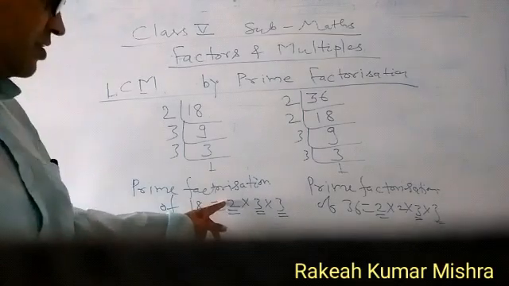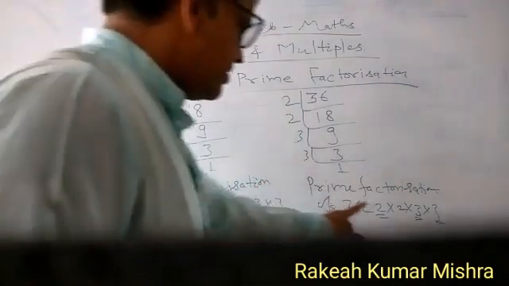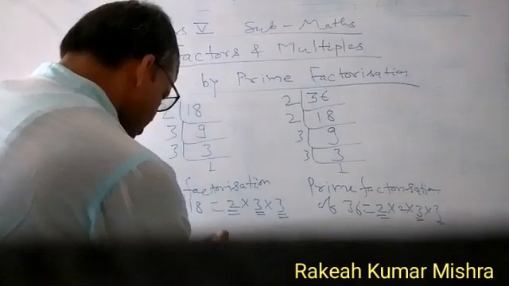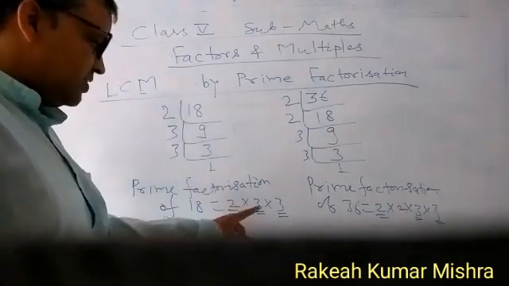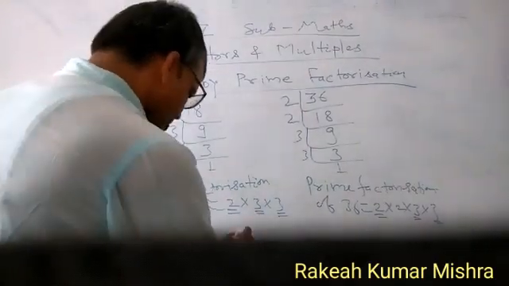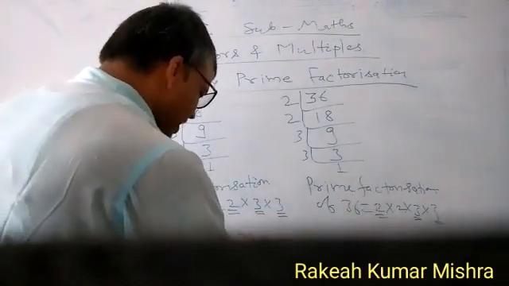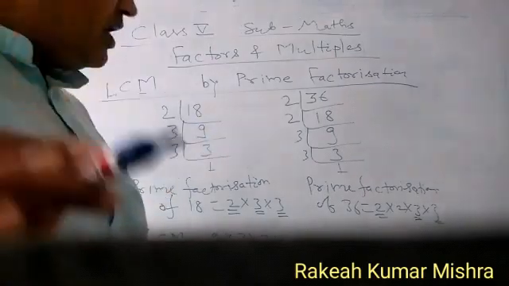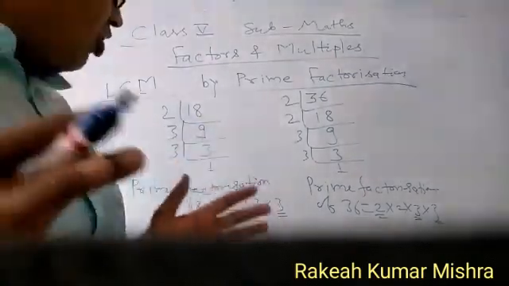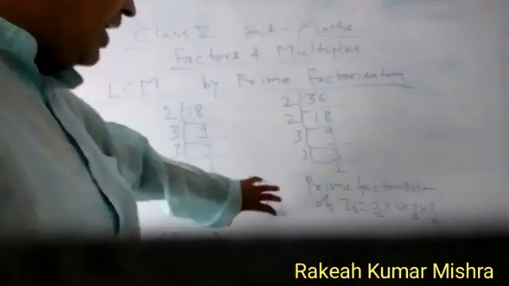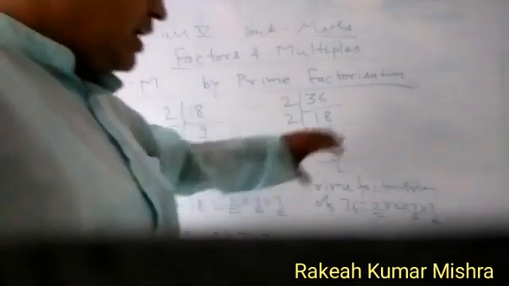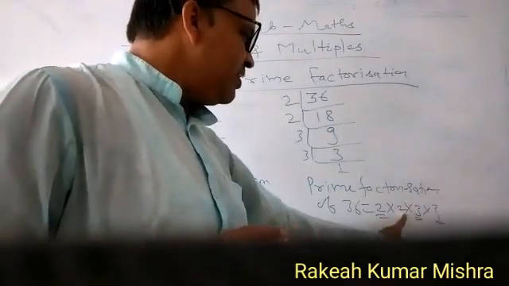Here 2 is common, we have to write. 3 is common, we have to write. This 3 is common, we have to write. Now we will also write the non-common left. Non-common left here, no. Non-common left here only 2.